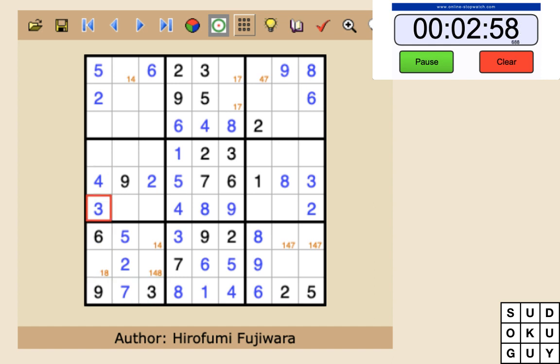Okay, now this column is just missing 1, 7, and 8. Maybe we can pencil mark. This row is probably worth pencil marking. 3, 4, 5, 7.